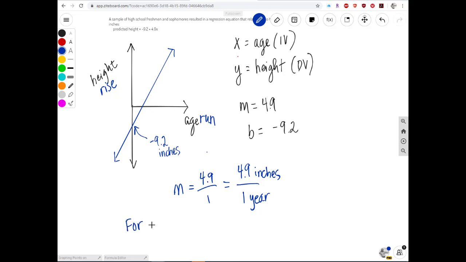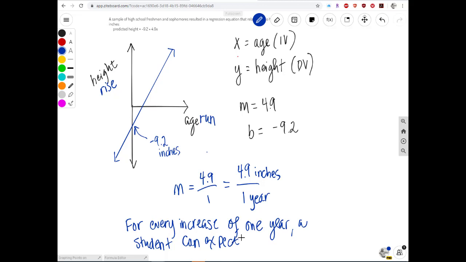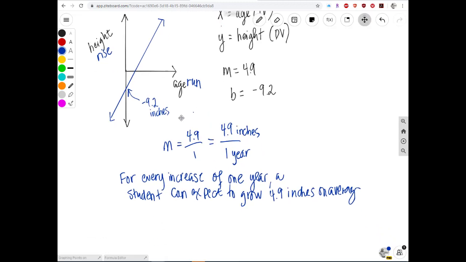For every increase of 1 year, a student can expect to grow 4.9 inches, and let's just put on average, because this is an average trend line, right? The trend line is the average of the scatter plot. So that hasn't changed since the last example.